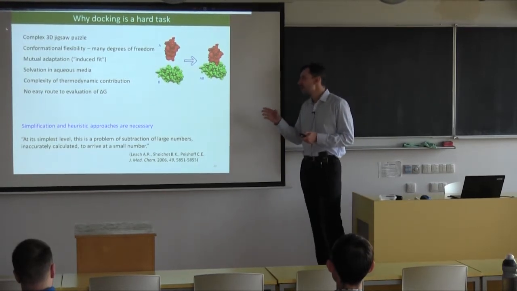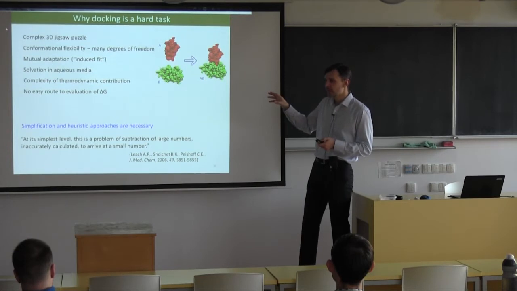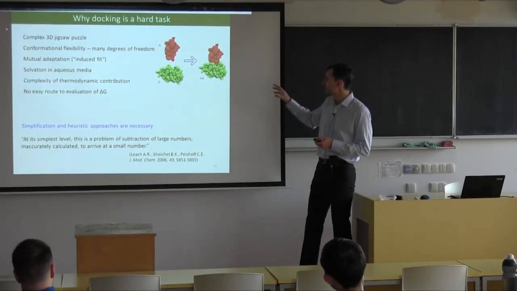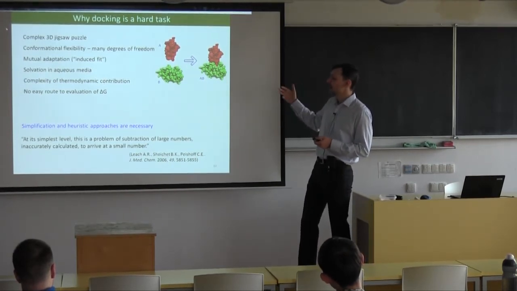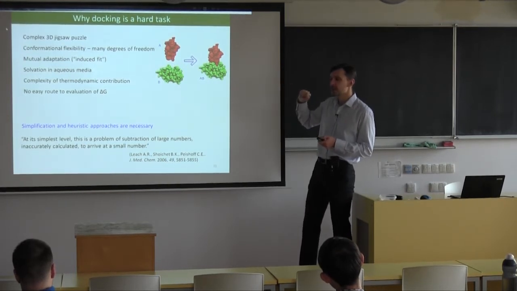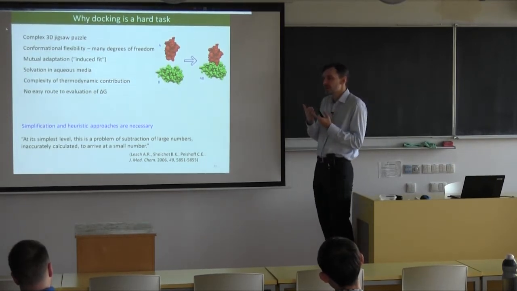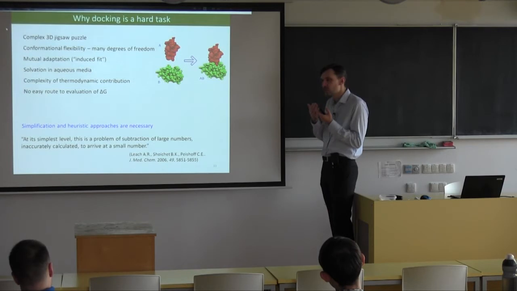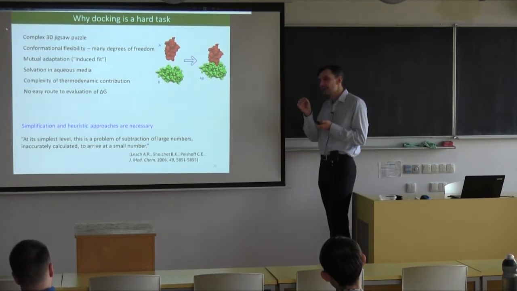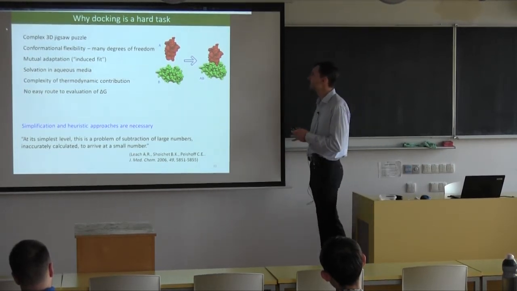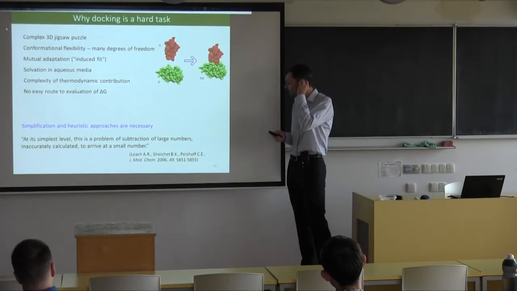When we subtract the energy of the single protein and ligand from the energy of the complex, these are subtractions of two large numbers, and it can produce quite large errors. That's why it is quite difficult to find the exact value of binding during docking.